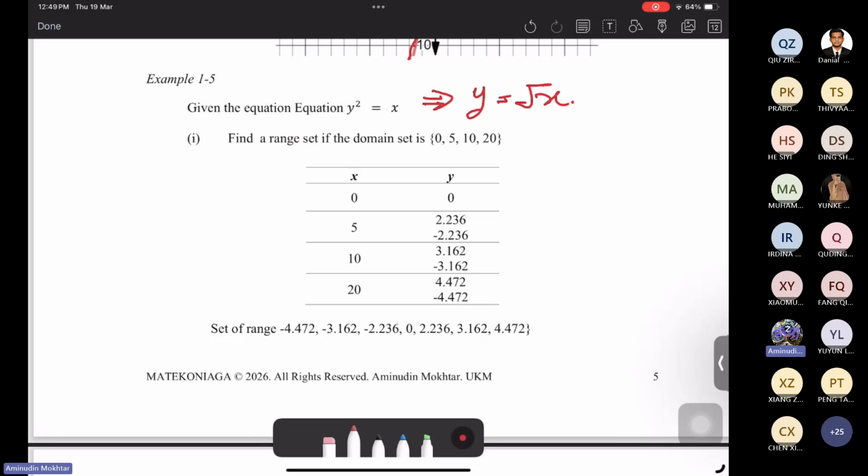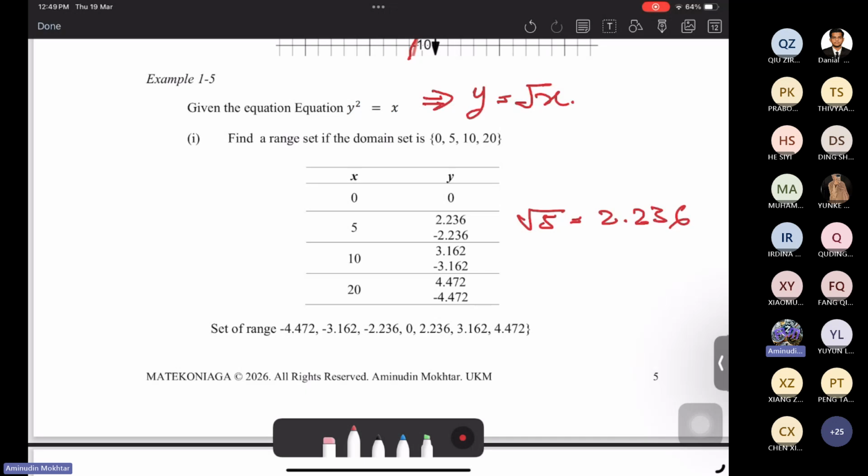That's why I said earlier, you need a scientific calculator. And then when x equals 5, the square root of 5 is equal to 2.236.